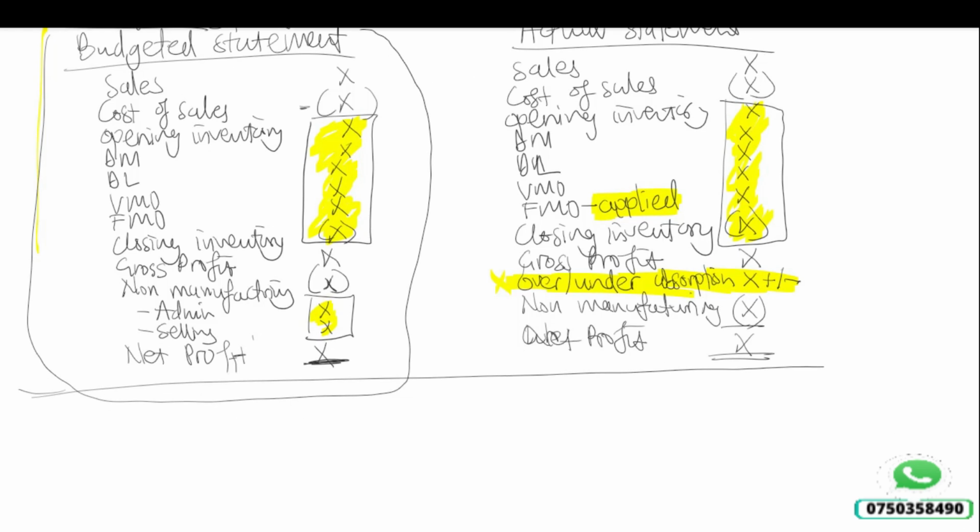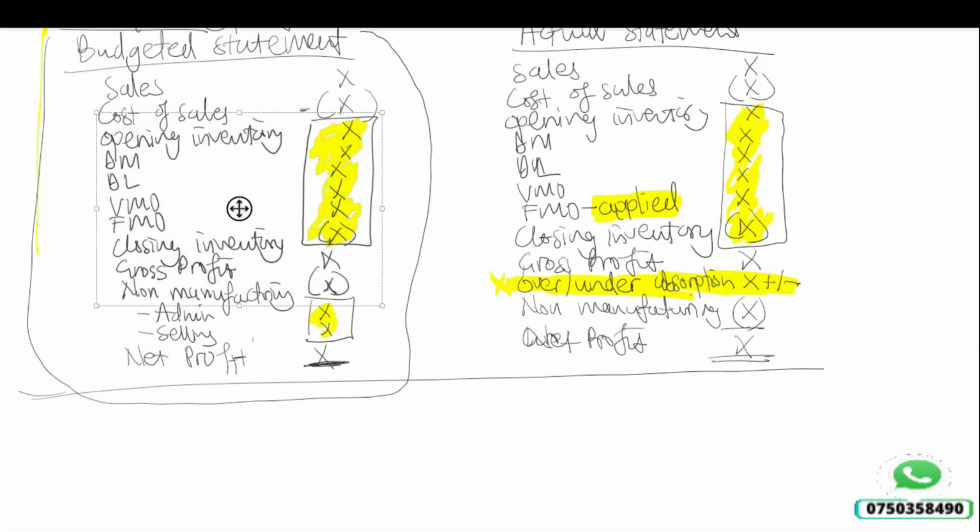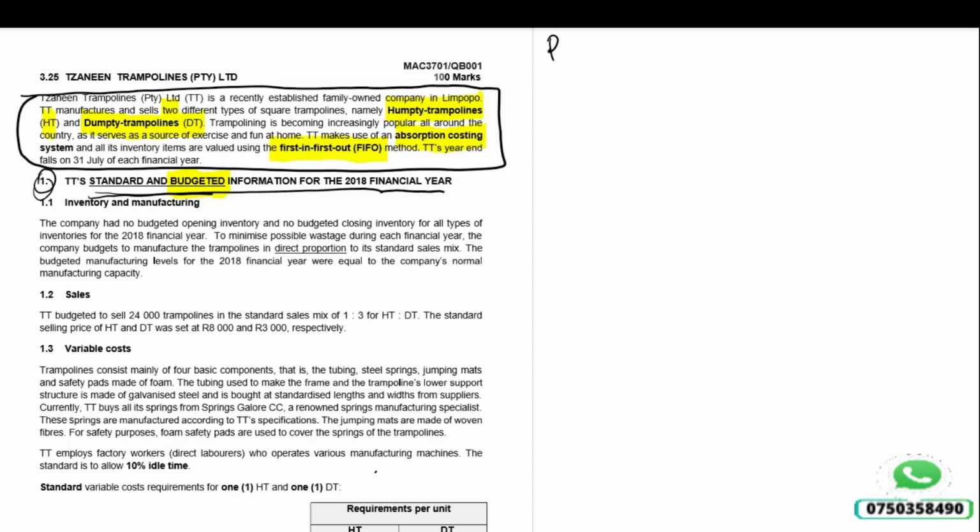The question requests us to do this part here. So this is what we need to have at the end of the day: a budgeted statement under absorption costing. We start with our sales, go to cost of sales, and do everything as we explained in lecture number 1. So this is the expected statement in this question.